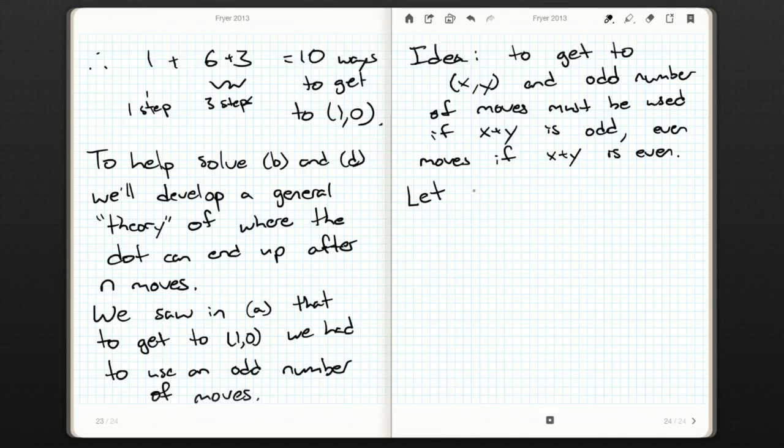Let A be the number of rights, B the number of lefts, C the number of ups, and D the number of downs.